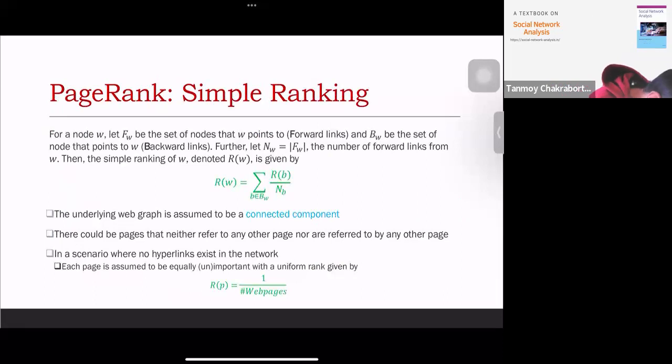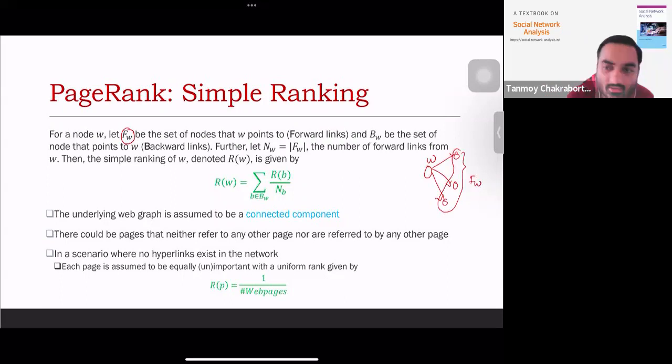So let's define two quantities. One is called FW. FW is the set of nodes that the particular web page W points to, or the particular node W points to. So basically this is W, and these three nodes basically form FW.